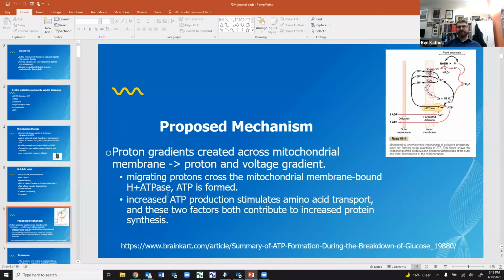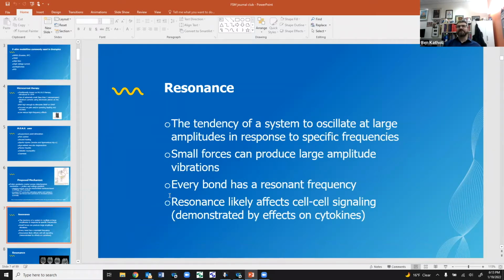So we'll talk a little bit about what FSM is by comparison, but I wanted to introduce a couple topics, and one of those is resonance. And this is something that we're looking at with microcurrent specifically. What this means is that they have seen that certain tissues respond to specific electrical or sound frequencies.